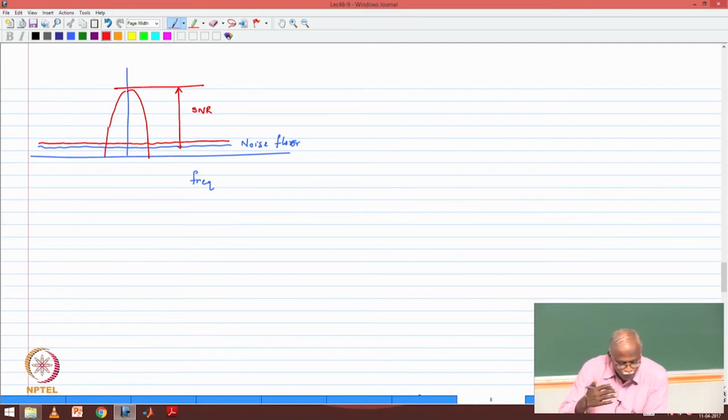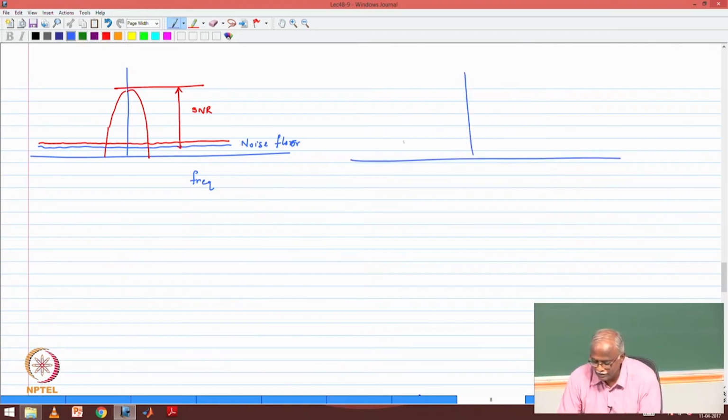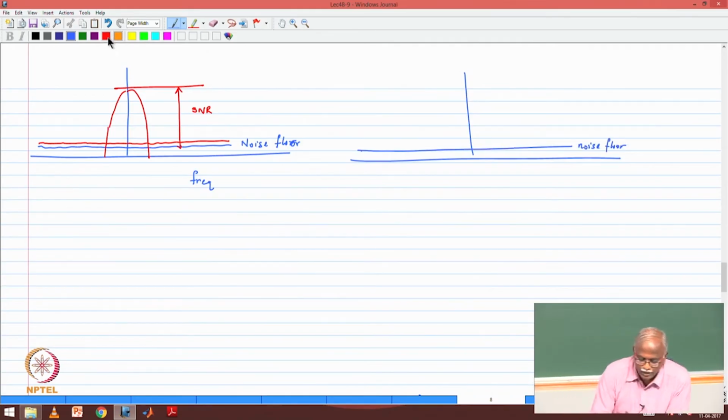Now move from this into a multi-user environment. Okay. I have a multi-user environment, noise floor like before. Now I have user number 1.